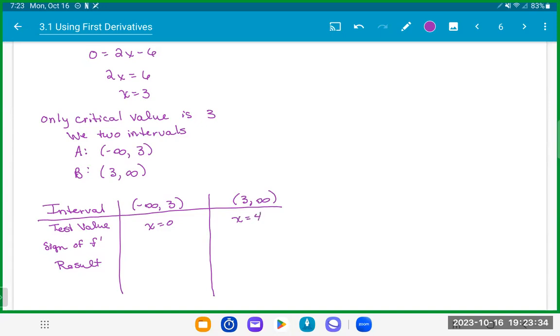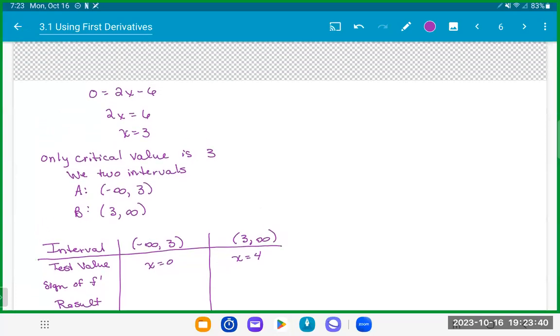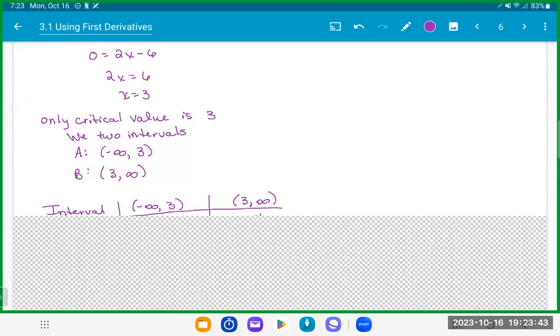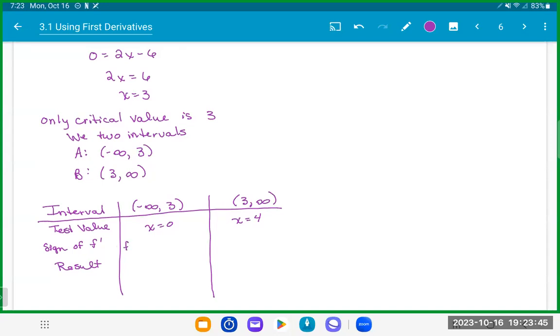Okay. So when I substitute x equals 0 into my derivative, remember my derivative was 2x minus 6, right? So f prime evaluated at 0 is going to give me 2 times 0 minus 6, which is equal to negative 6, which is less than 0, right?